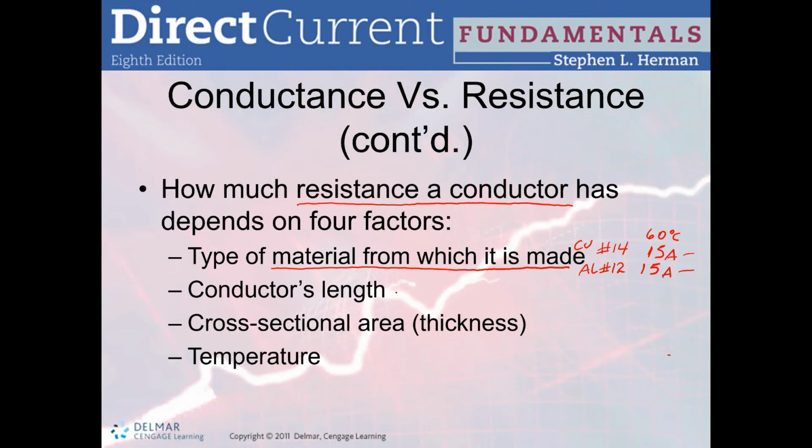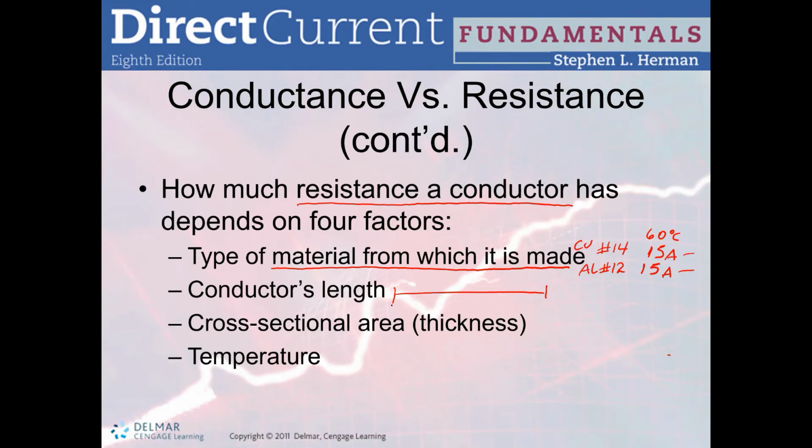Also, the other factor will be the length of the conductor. The longer the conductor, the more resistance that we are going to have in the conductor. And that's why you have table D3 and table D4 in the code book, which allow you to determine the voltage drop that you are going to experience in a conductor at 120 volts and 1% voltage drop, okay?